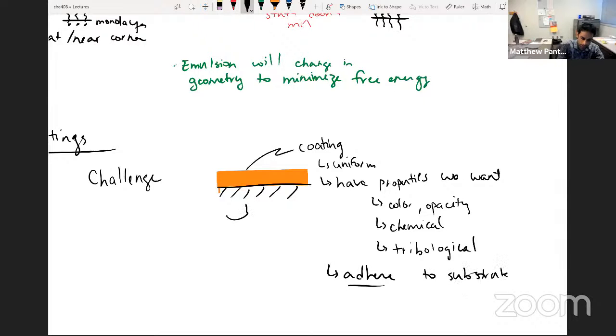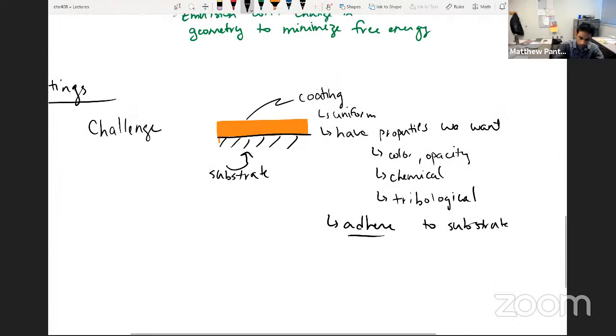The substrate is whatever we're coating. We want it to cohere, meaning we want it to be cohesive to itself. We don't want it to fall apart and get holes, for example, even if it's adhesive to the substrate.